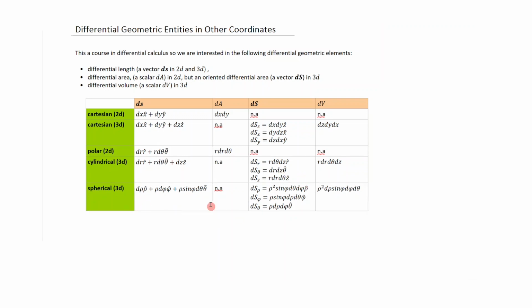Similarly, for spherical coordinates, you can show that the differential surface area with respect to the rho hat direction takes on this form. For phi hat it takes on this form, and for theta hat it takes on this form. And lastly, for differential volume, for Cartesian coordinates, it's just dz dy dx, or an iterated version of that. In cylindrical coordinates, this becomes r dr d theta dz, and in spherical coordinates, this becomes rho squared d rho sine phi d theta.